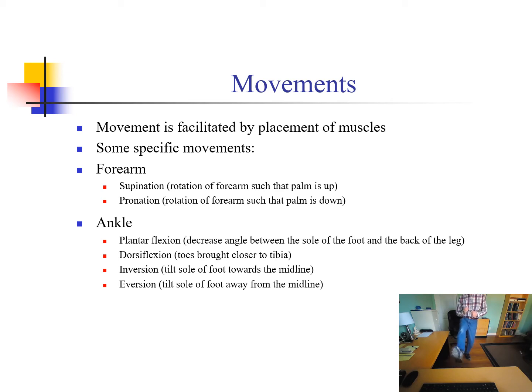Plantar flexion, dorsiflexion. If I tilt the sole of my foot, or my calcaneal bone, I can move it either towards or away from my midline. I can move it outward, that's called eversion, or move it inward, that's called inversion. Eversion and inversion.